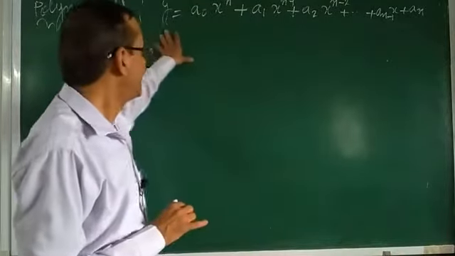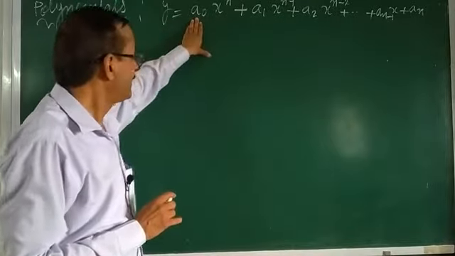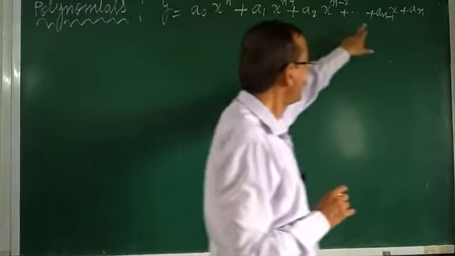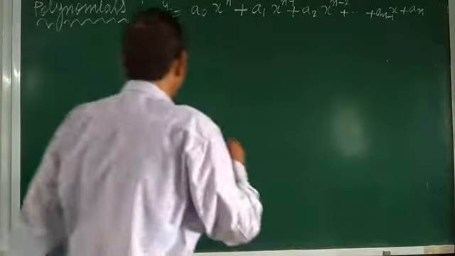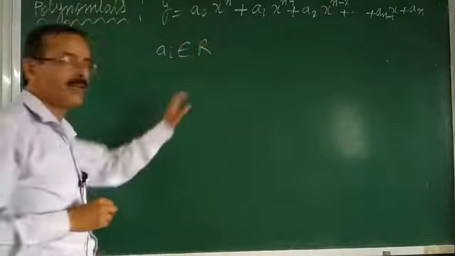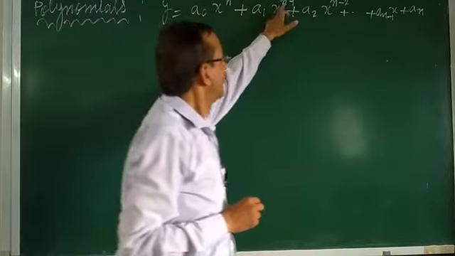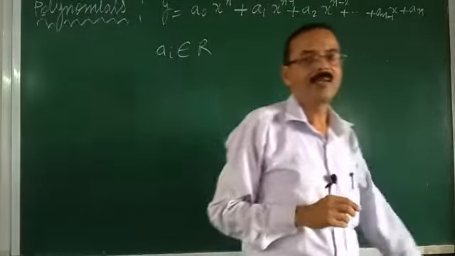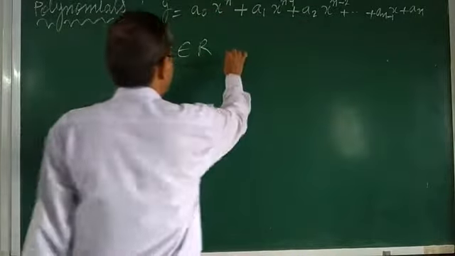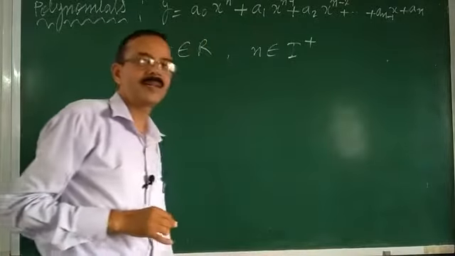This is written here as a polynomial, where these are the coefficients, and these coefficients should be real numbers. And n, the degree, should be a positive integer, not negative.